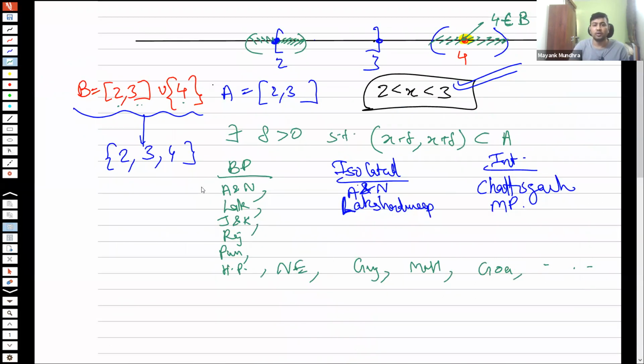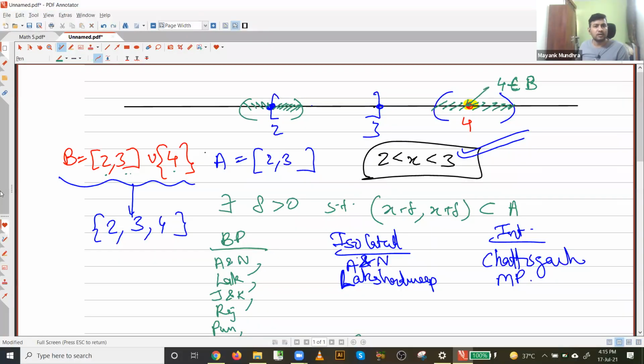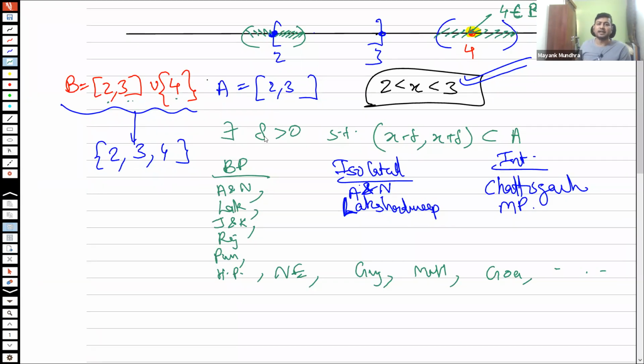Whenever you construct any delta neighborhood around that point, it should contain points from inside the set, but not the point that you started from. Yeah, inside the set apart from x.